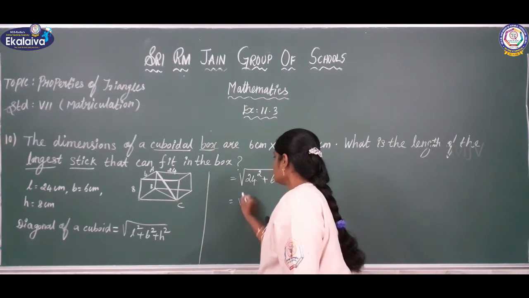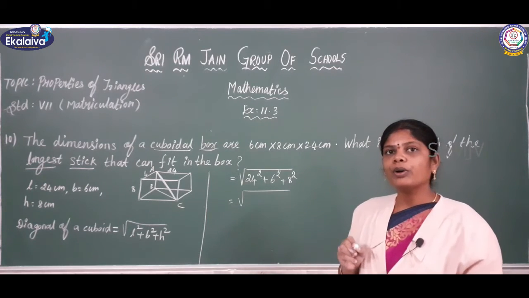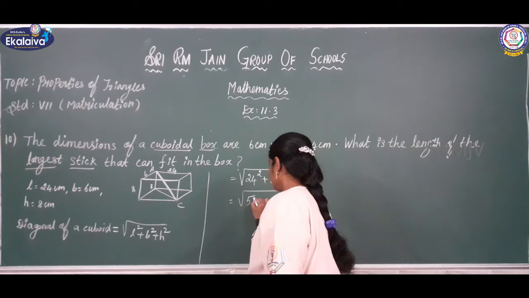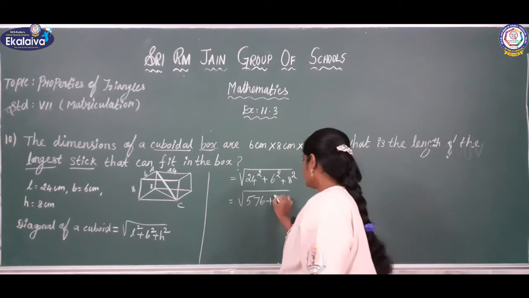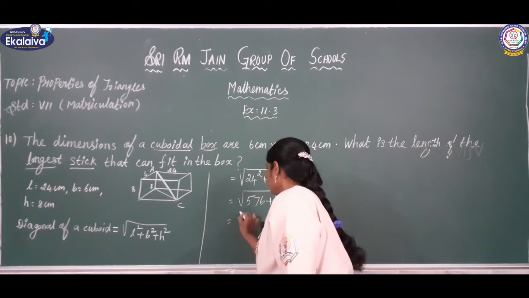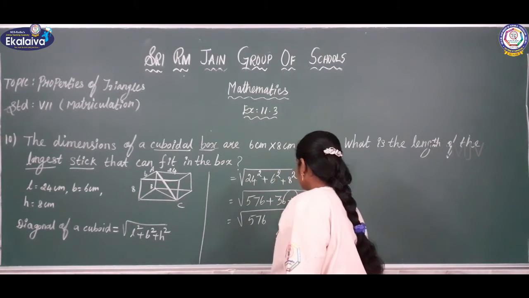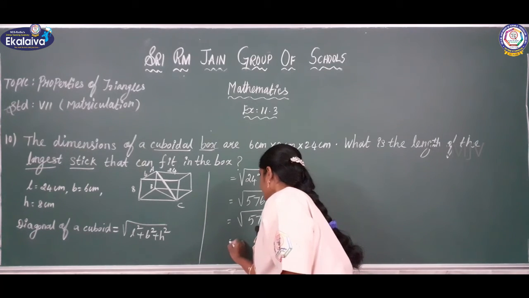Now square these numbers, children. 24 square, what will you get? 24 into 24 will get 576, plus 6 square 36, plus 8 square 64. Now 576, 36 plus 64, what will you get, children? 100.